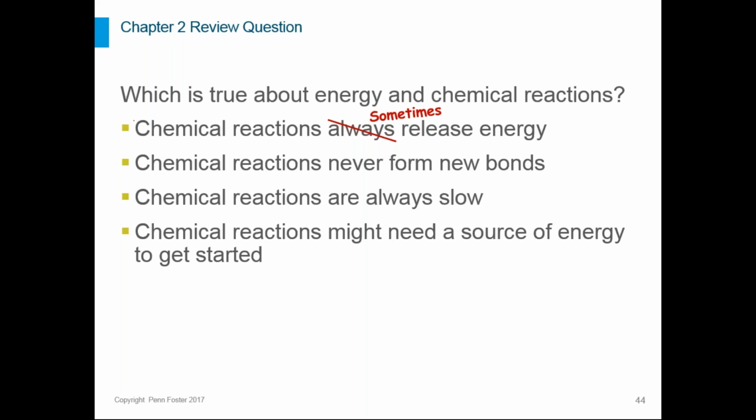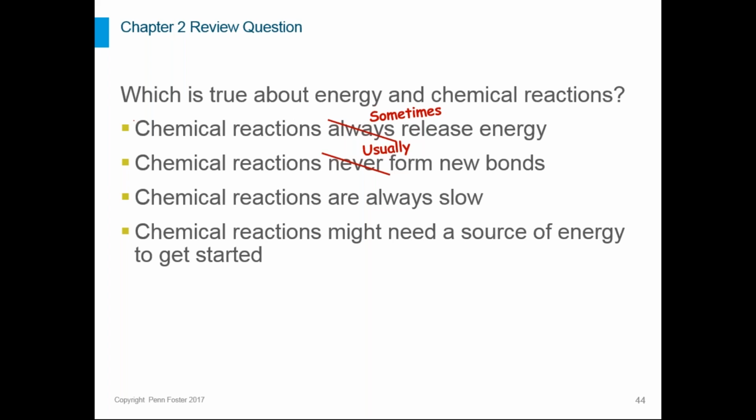So it looks like nobody picked that one, so that's good. Chemical reactions are all about making and breaking bonds. So I put usually because occasionally you get chemical reactions where something just breaks apart and it doesn't actually form a new bond, but usually there's a new bond formed somewhere. How about the third one? Nobody said that either. Chemical reactions are always slow.